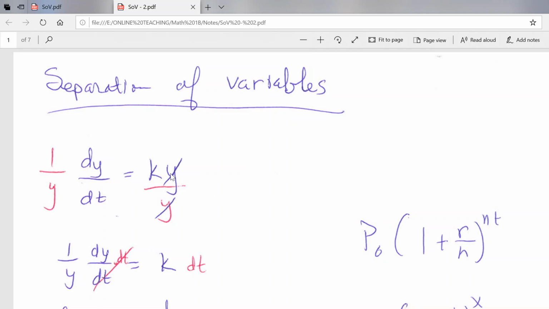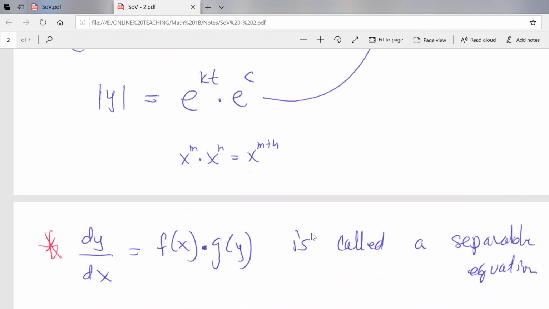So it grew in the same amount of time, but the only thing that changed was you had more of it to begin with. And so that changed the rate at which it grew. That is the exponential growth model, and that's where it comes from, truly.